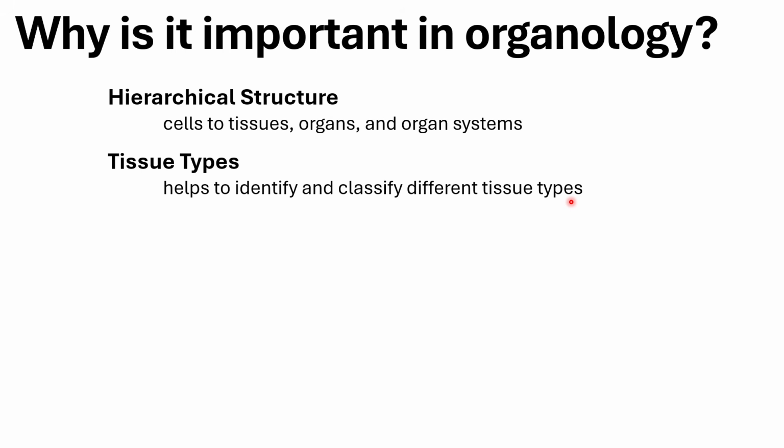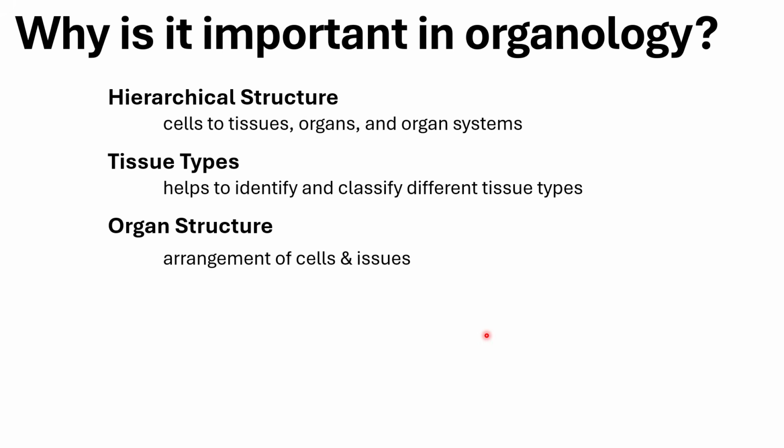So for the organ structure, it's basically where each type of tissue should be located, because it is almost impossible for a single organ to be formed by a single type of tissue, no? Almost always there is a combination of different types of tissues and cells.